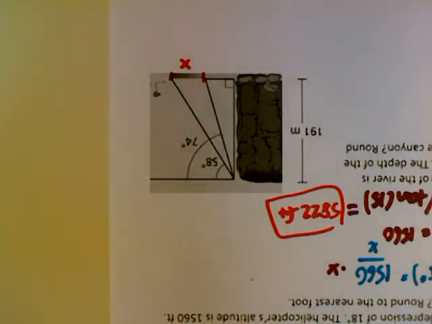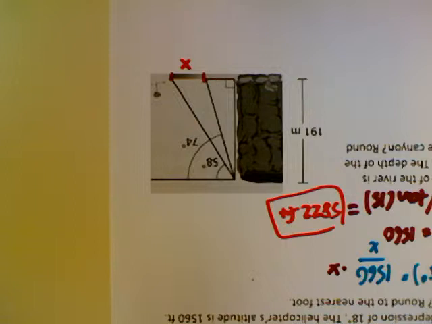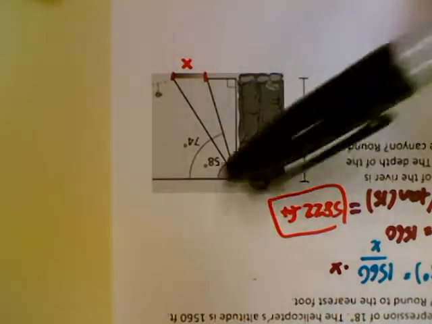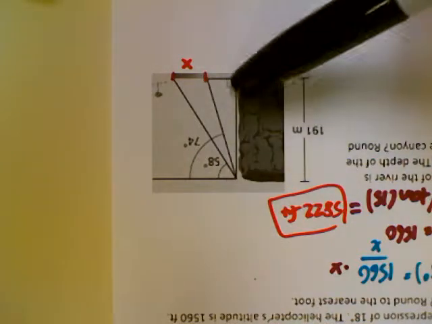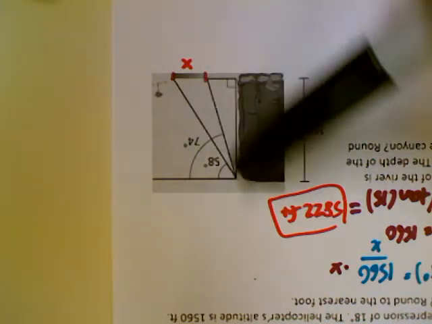Now I've got a triangle within another triangle, so it might be helpful to separate them out, or to relabel some of the other stuff so that you can see exactly what to set up here. I think it would be easiest to look at this large triangle and then the smaller triangle there.